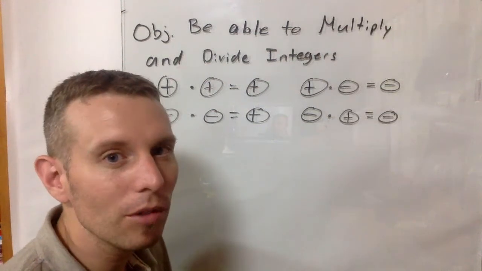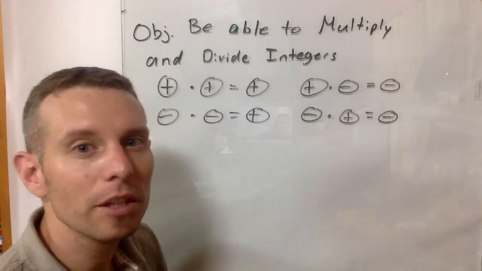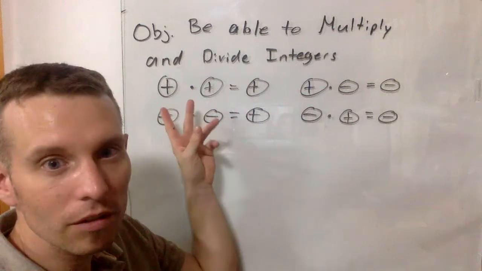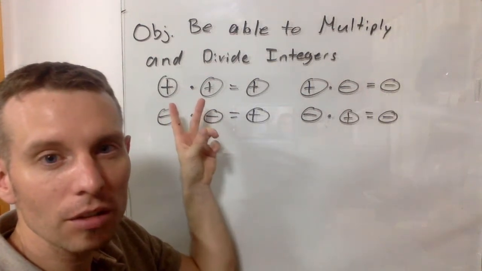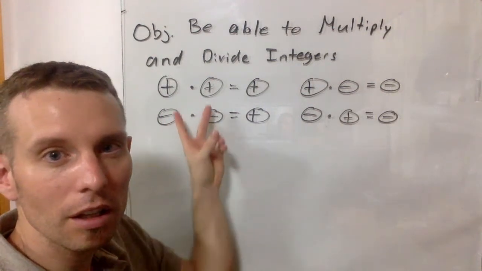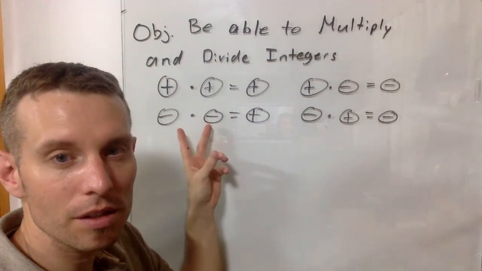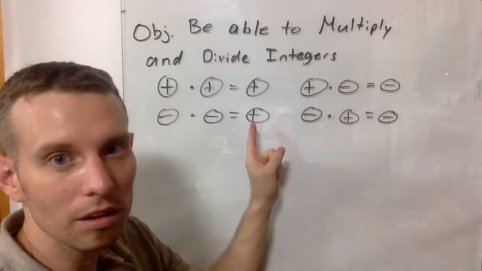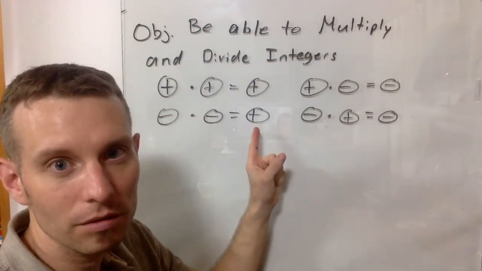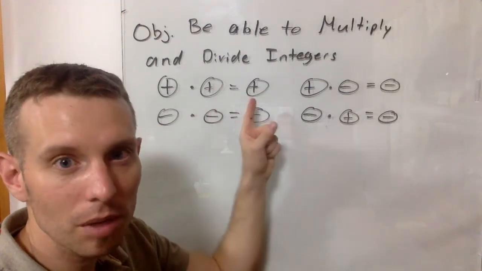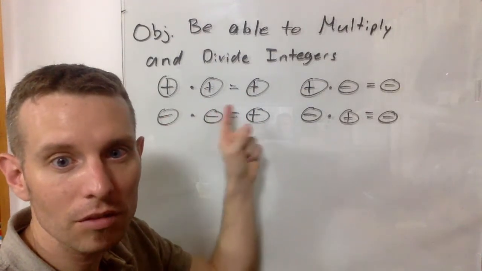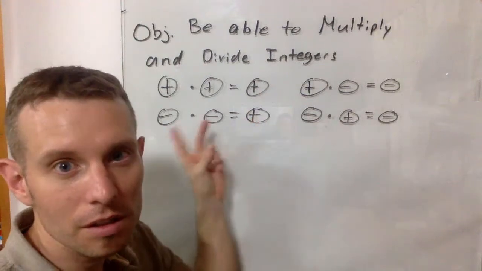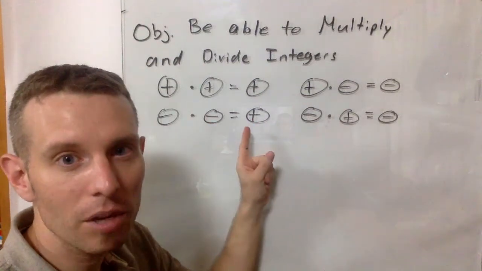So maybe you've already been able to figure out what the similarities are. If you're multiplying or dividing integers and the signs are the same, the answer is positive. So positive times positive, positive. Negative times negative, positive. Same signs, the answer is positive.